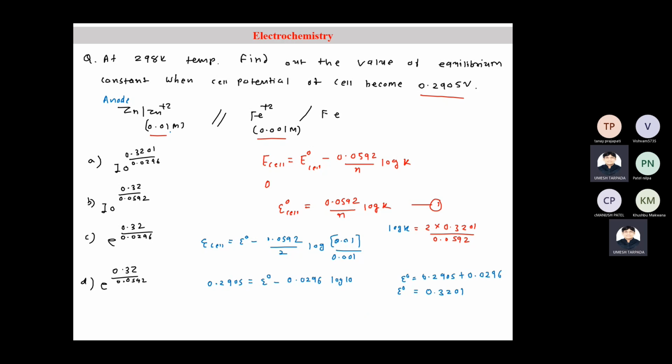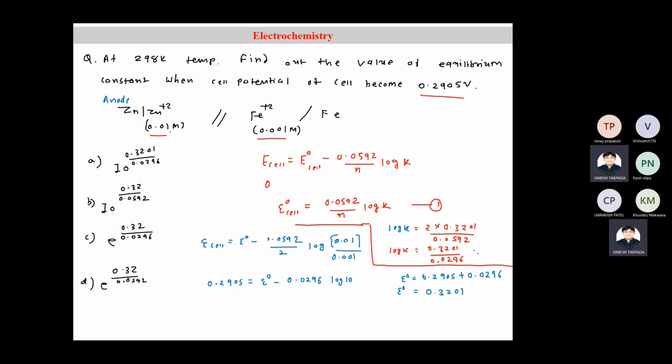So log K is equal to 0.3201 divided by, cancelling with 2, the denominator becomes half, 0.0296.